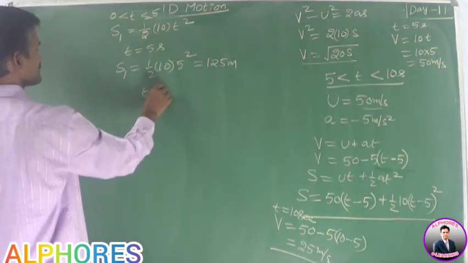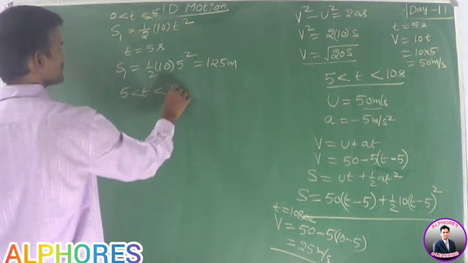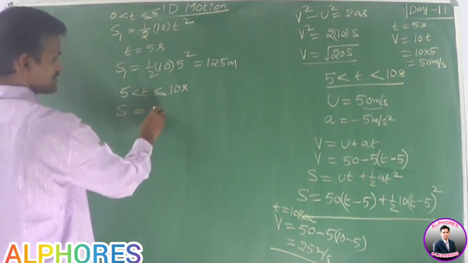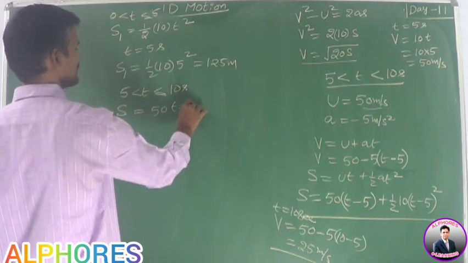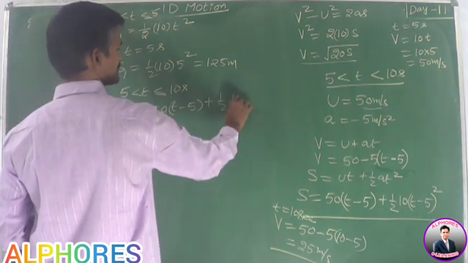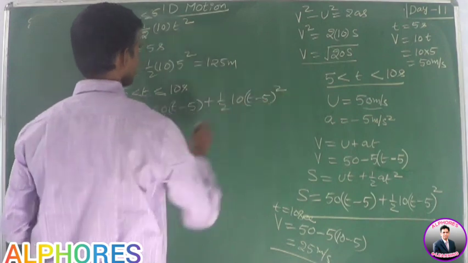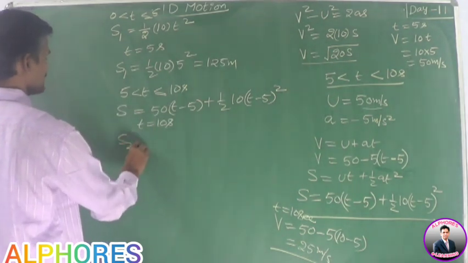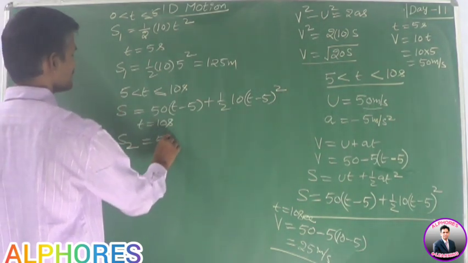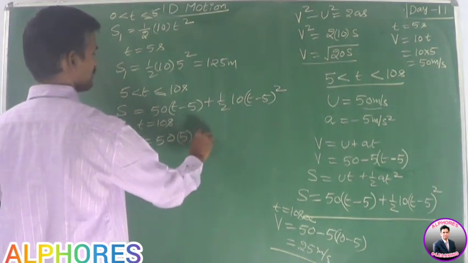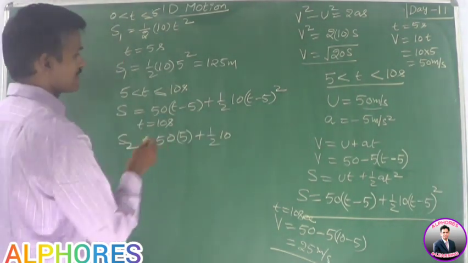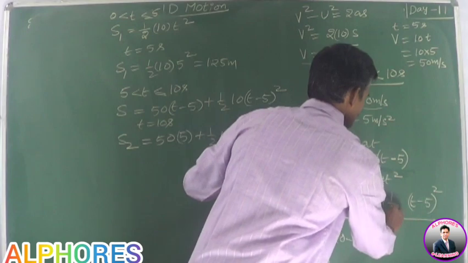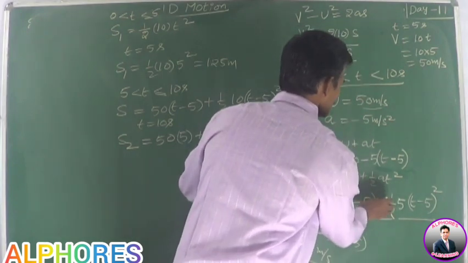If t lies between 5 to 10 seconds, our displacement equation is 50 into t minus 5 plus half into a into t minus 5 whole square. Substitute t equal to 10 seconds; this displacement is S2. This is 50 into 5 plus half, sorry, I made a mistake, a is minus 5, because it is deceleration.